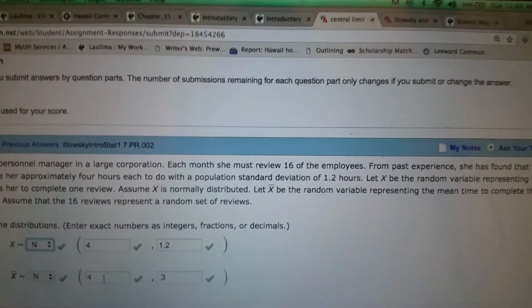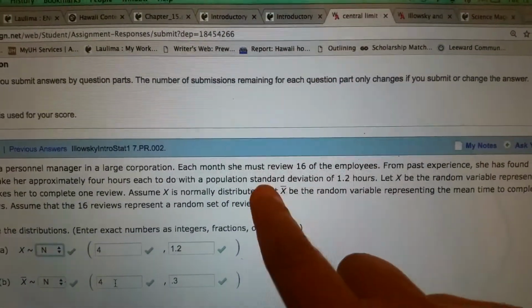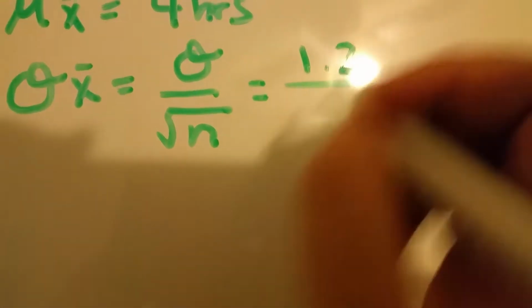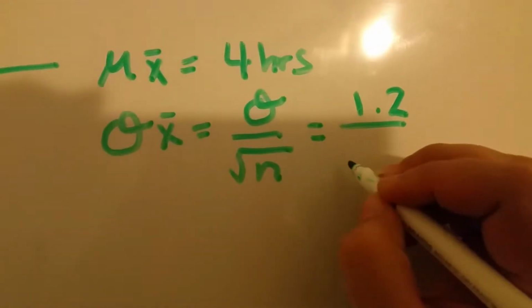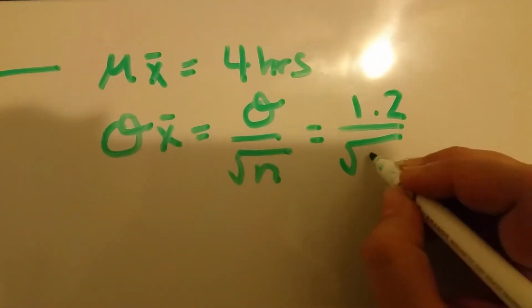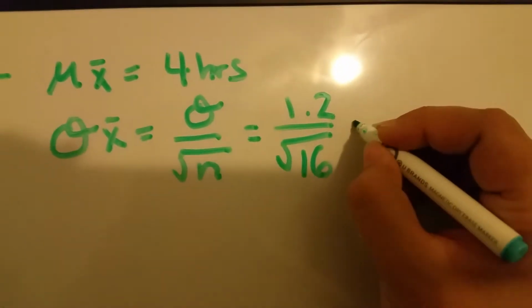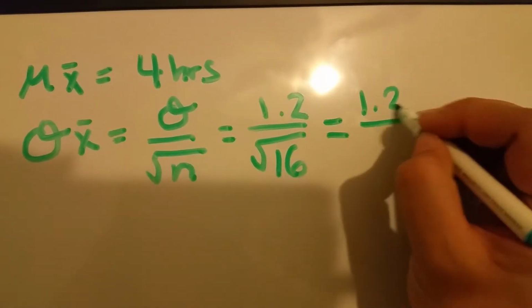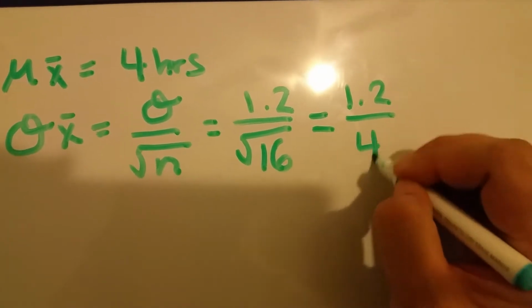Right, so in this case, if we were to take those numbers, we take that standard deviation of 1.2 hours. Okay, so we'll put 1.2 on top and over the square root of the count, which is 16, because there's 16 employees. I just do things step by step like that.